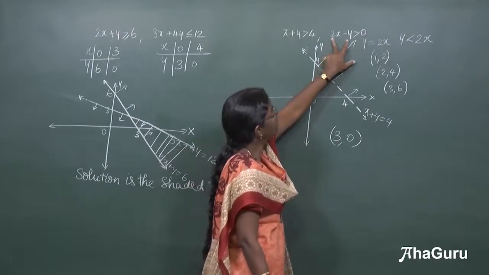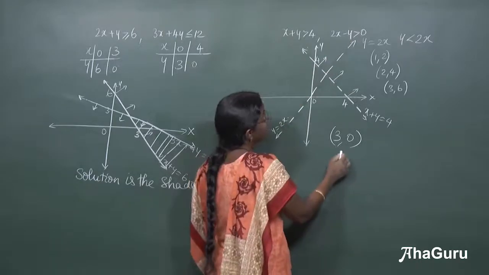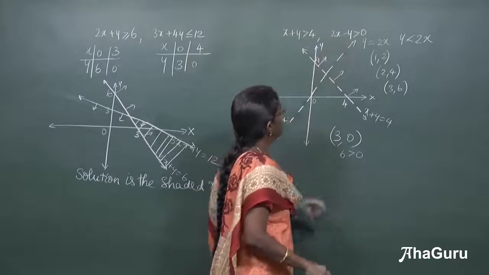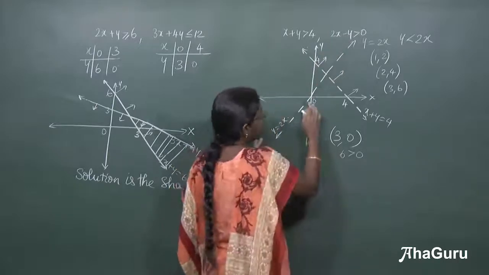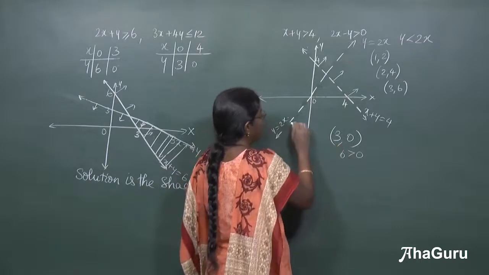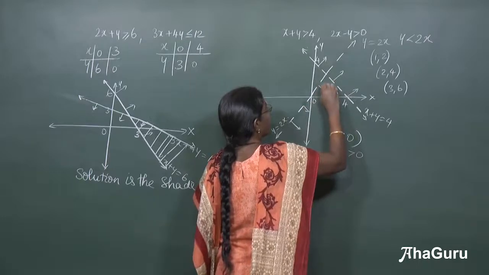If I substitute 3, 0 here, what do I get? 6 is greater than 0, correct? So for this line, it is on the side where this point lies, or it's going to be this side of the line.